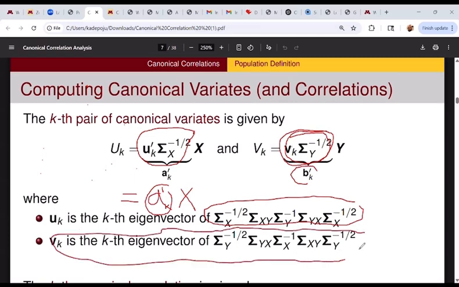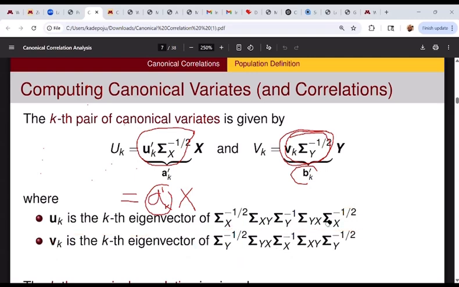In this class, I've already walked you through how to figure out the eigenvector of a matrix. Before you can get the eigenvector of a matrix, you need to find this, find that, obtain this, obtain that.